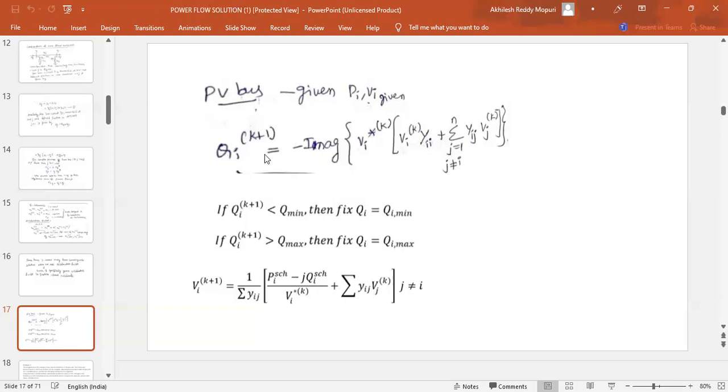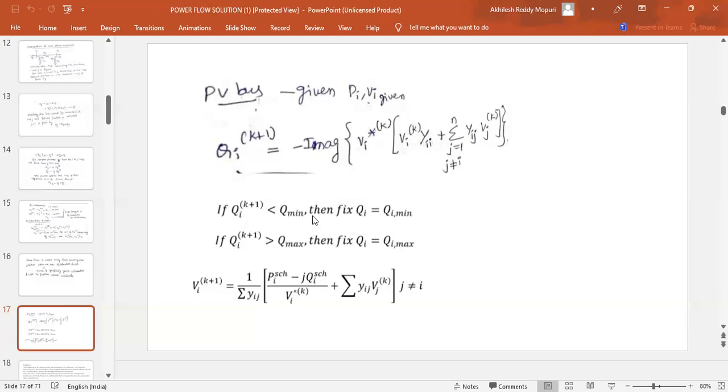Suppose this Q is not in the range they had given. If the Q obtained in this problem is not in the range, then what to do? Suppose they had given the range of 0.1 less than Q less than 0.2. You got, suppose, 0.09.